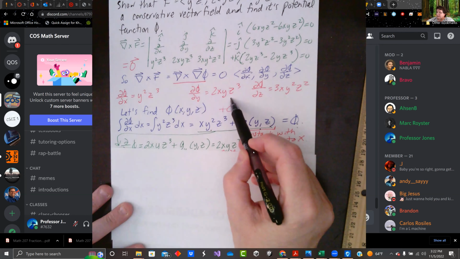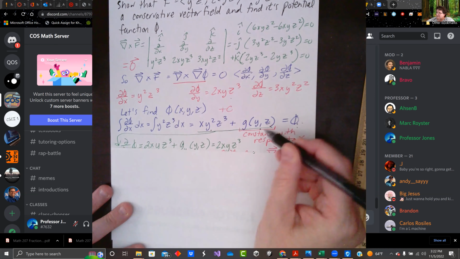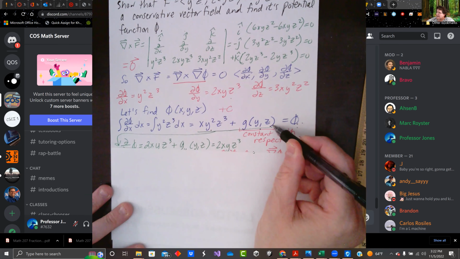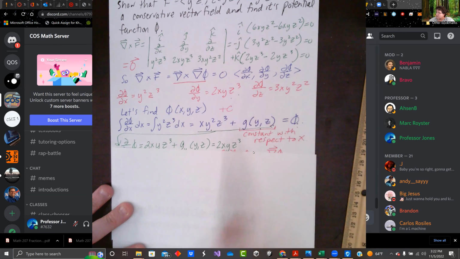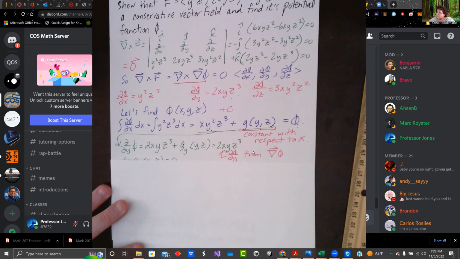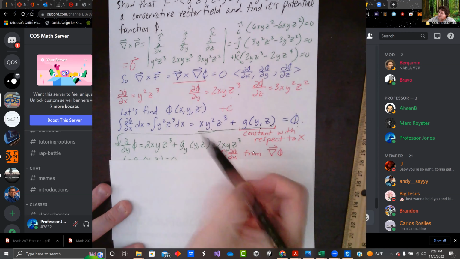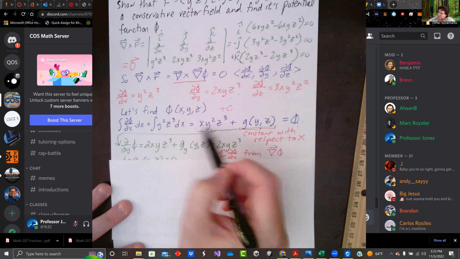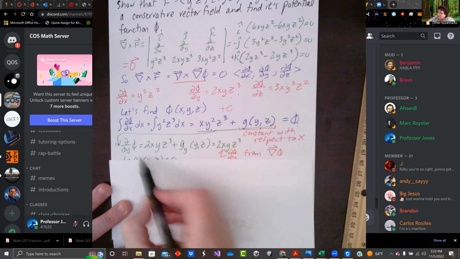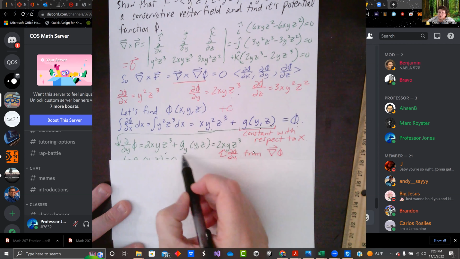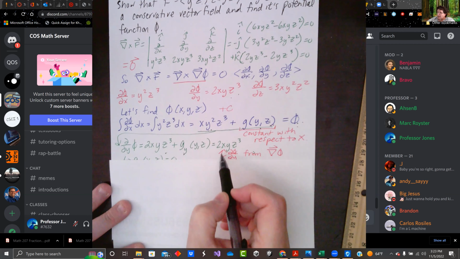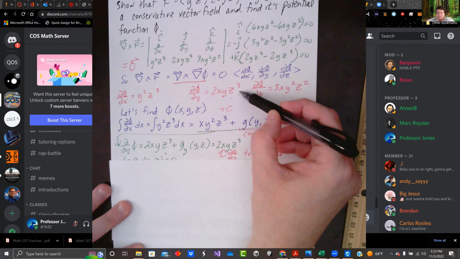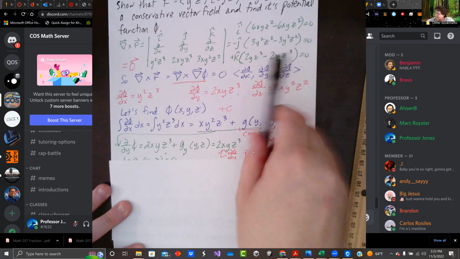It's listed right up here. So I'm going to take the derivative of this with respect to y, and I'm going to match it up to this. Okay? So if I take the derivative of that with respect to y, I've got to bring down the 2. I've got 2xyz cubed, plus the partial derivative of g with respect to y, and that's going to equal d phi dy, but I've got d phi dy listed up here, so I'm bringing that down right here.